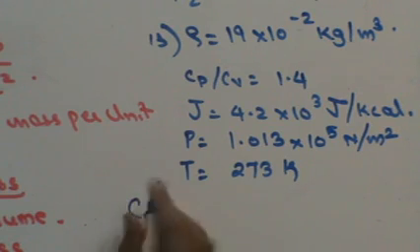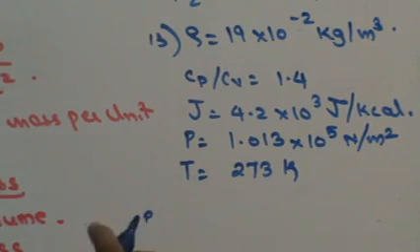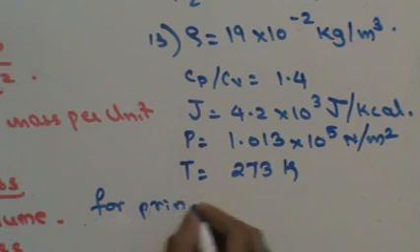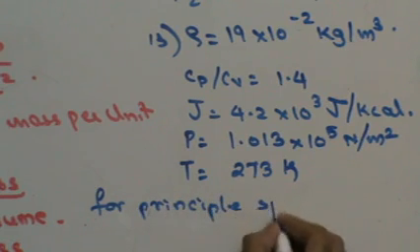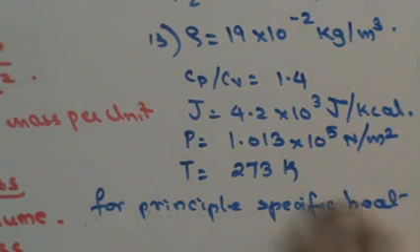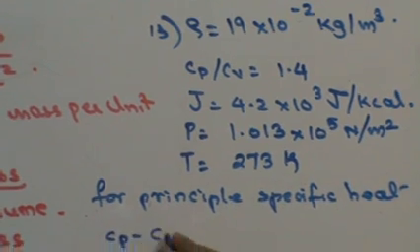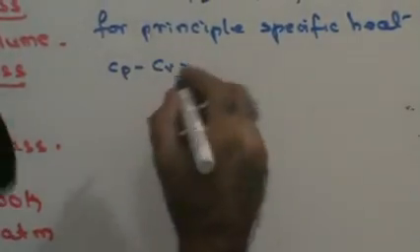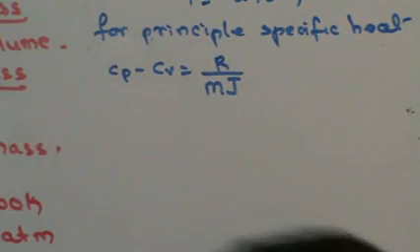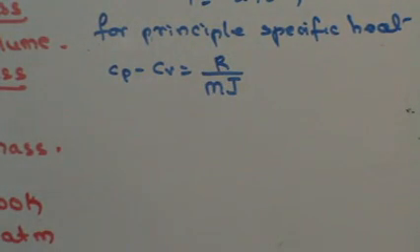Now we've derived this formula that for principal specific heat, Cp minus Cv is nothing but R upon MJ. We've done this derivation, right?